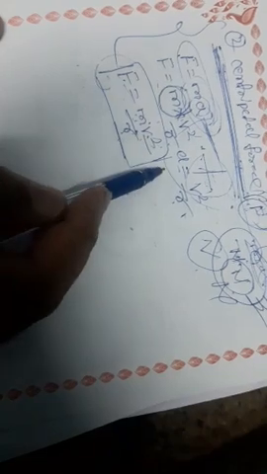Substituting this value, we finally get F is equal to mv square by r. Here F is the centripetal force, m is the mass of the particle, v is the speed of the particle, and r is the radius of the circle. This is the explanation of the equation and its terms.